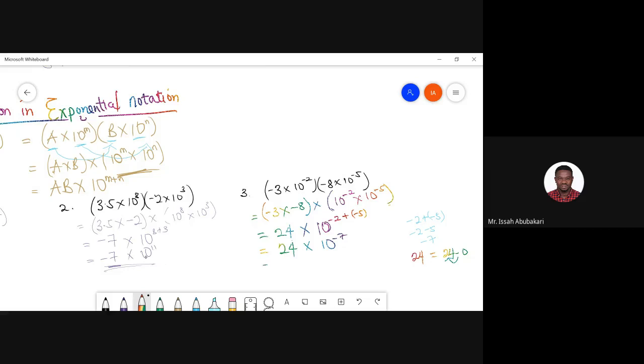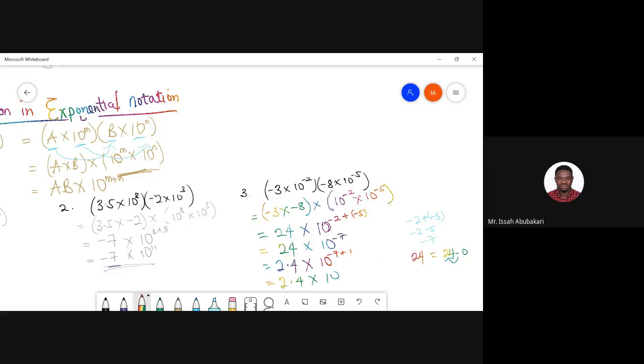Now we are going to have 2.4 multiplied by 10 power minus 7. And the point was moved to the left and it becomes positive. So we write our positive. How many times was it moved? It was moved only 1 time. So positive 1.